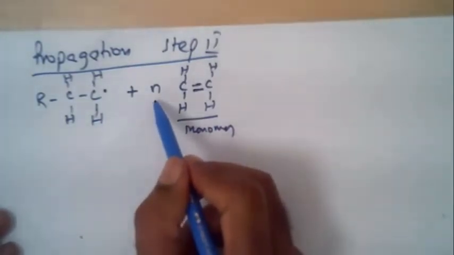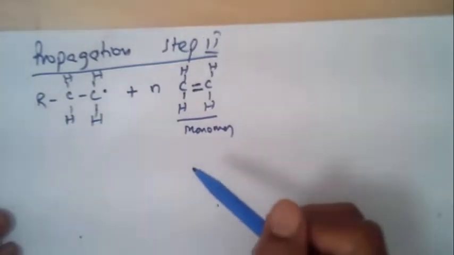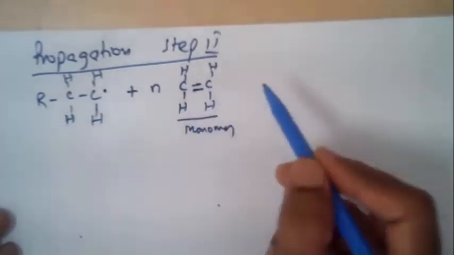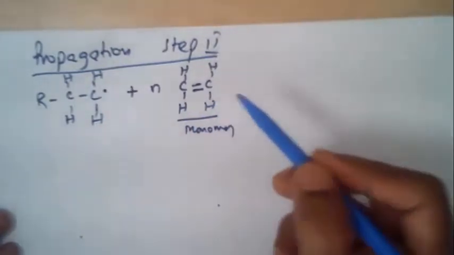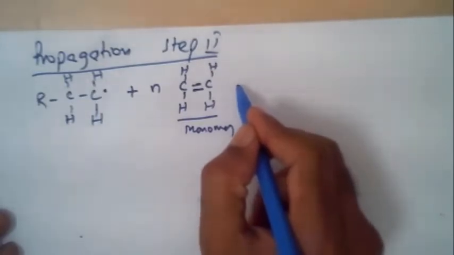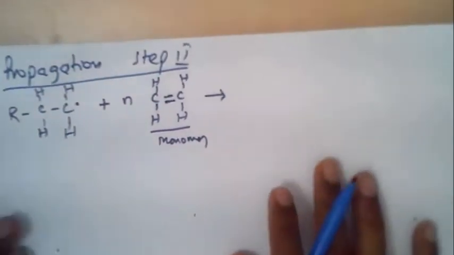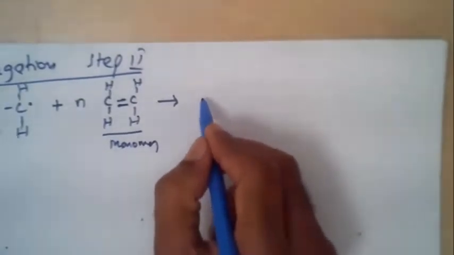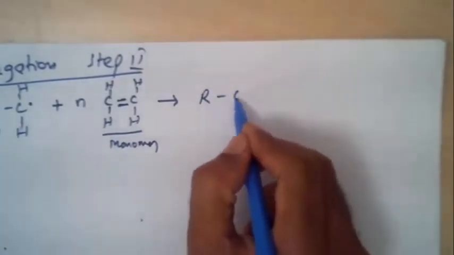Let's say it has n number of molecules here. This radical will now attack all of them one by one. It's a chain reaction, also known as a chain growth reaction.